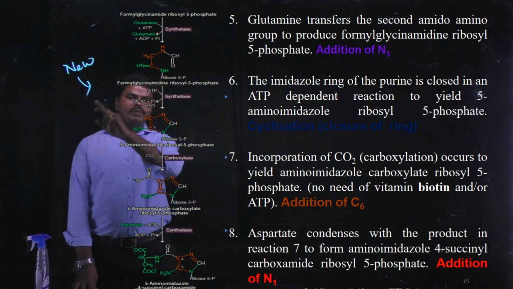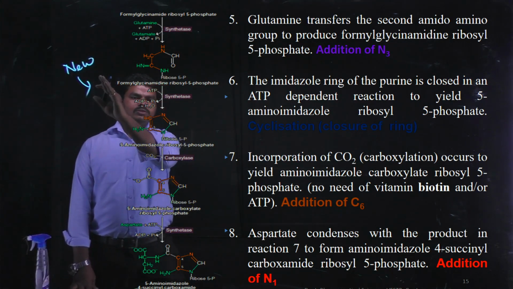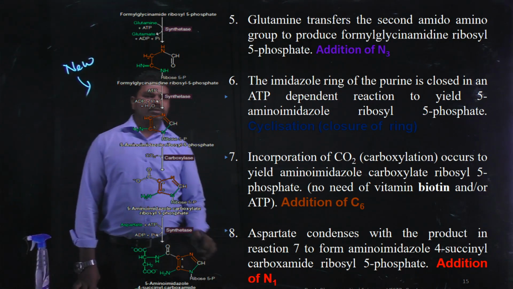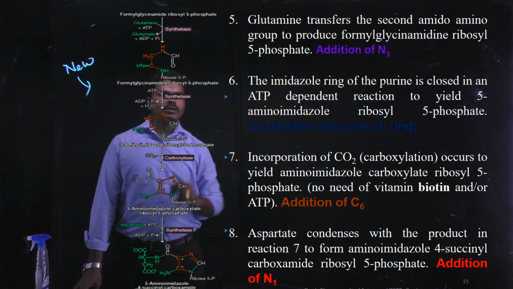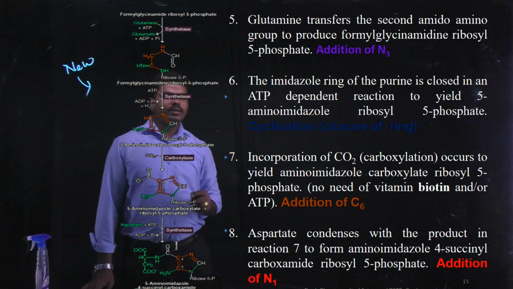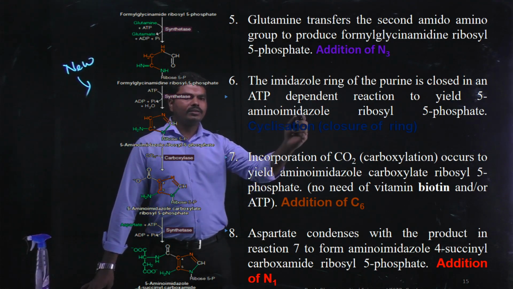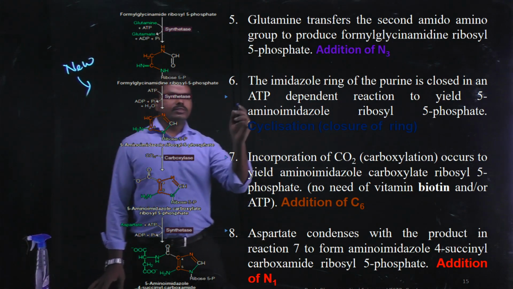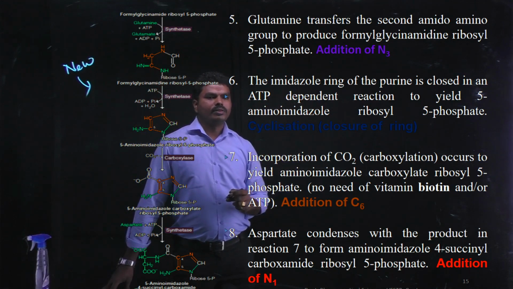So to the formyl glycinamide ribosyl 5-phosphate, there is a transfer of an amino group from glutamine, and that will form formyl glycinamidine ribosyl 5-phosphate.